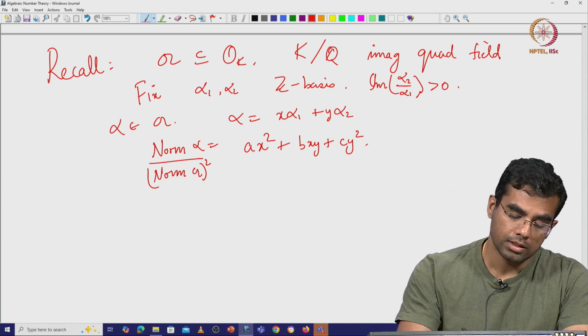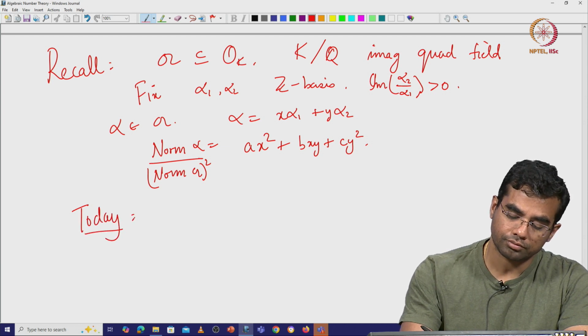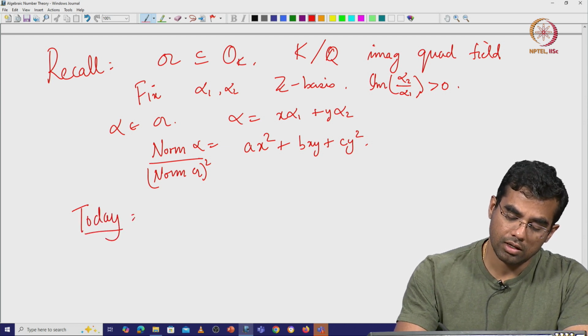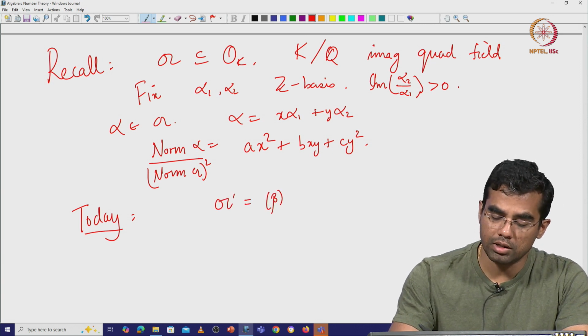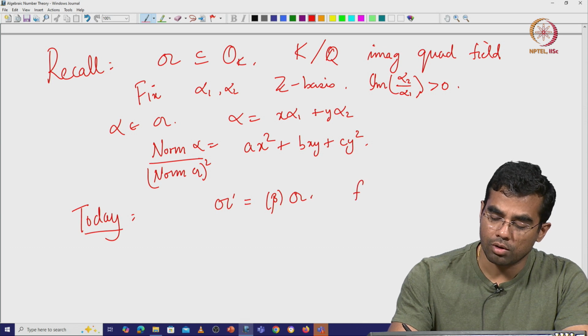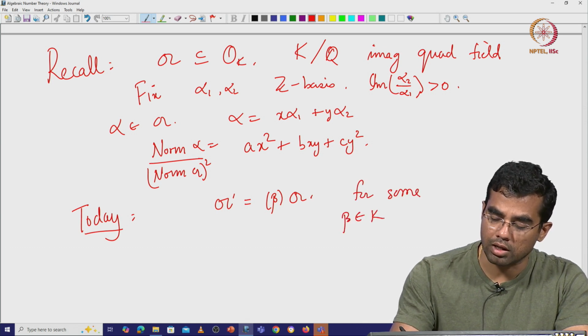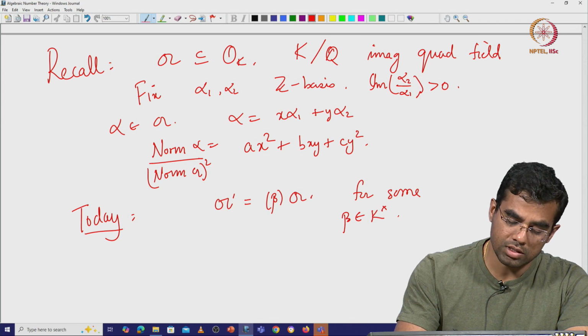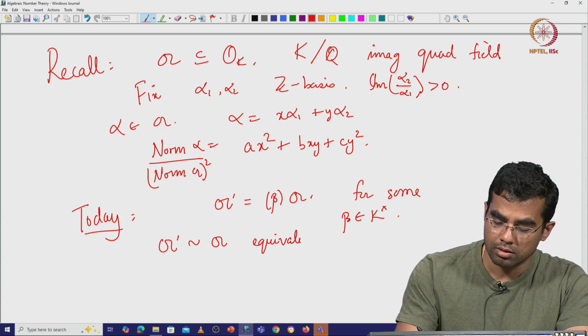So, today, what happens when you take a different ideal, which is A prime equals beta times A for some non-zero beta in K cross? So, this means that A prime and A are equivalent ideals.